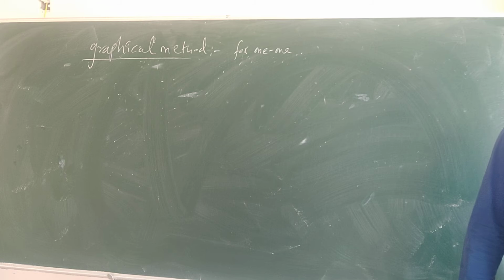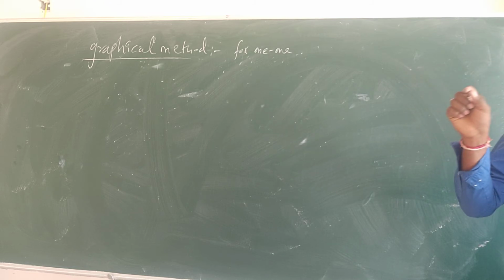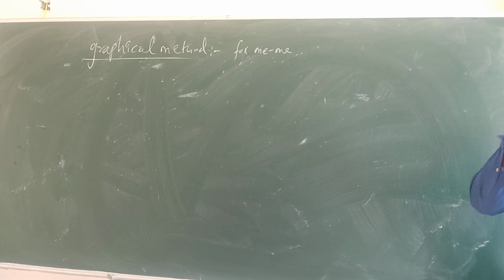A function whose graph a horizontal line intersects at only one point is called a 1-1 function. Suppose a graph is there, and you draw a line parallel to the x-axis. If that line intersects the graph at only one point, it is a 1-1 function.